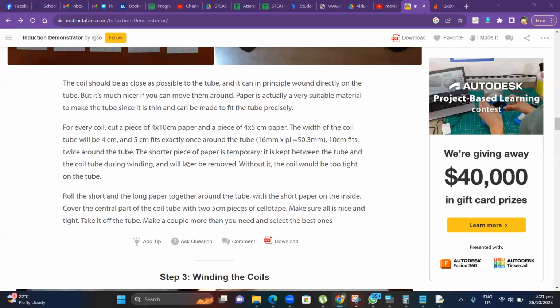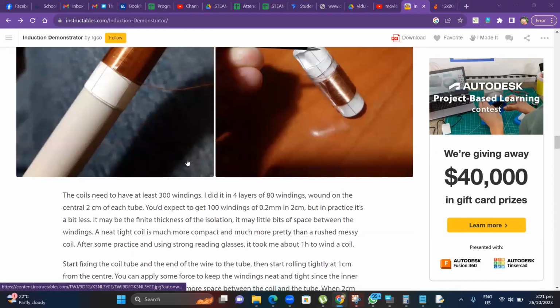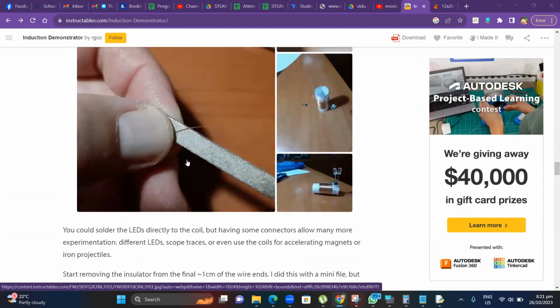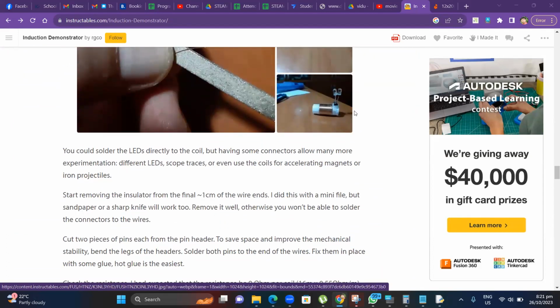So that's why you have to take thin wire and do this, right? I explained just now. Okay, let's go back to our book.